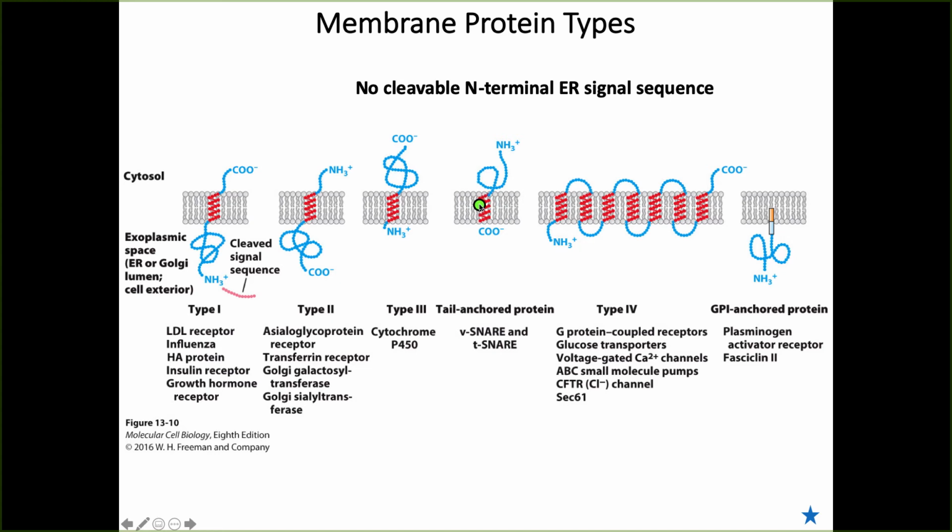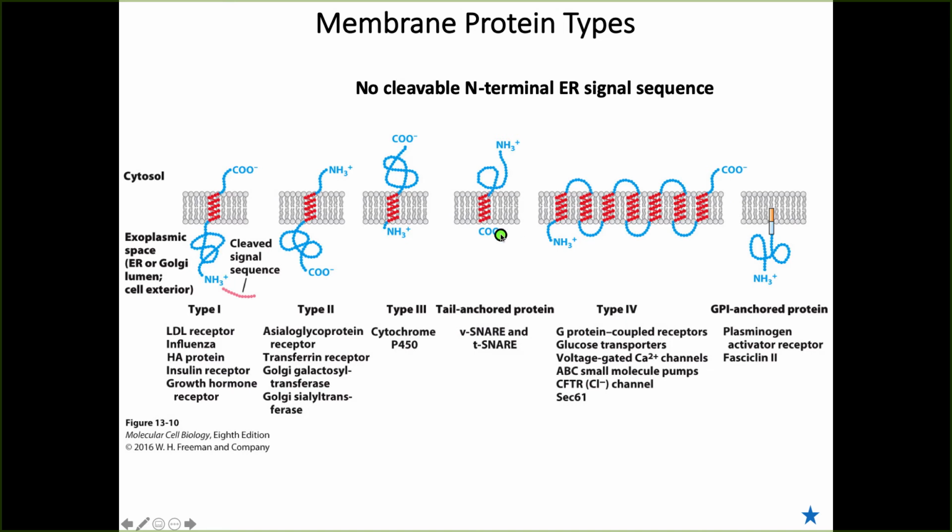In the tail-anchored protein, the C-terminal is embedded completely into the membrane, whereas the N-terminal is towards the cytosol. Then we have type 4, which is a multi-pass protein. These are all single-pass, types 1 through 3 and tail-anchored. Type 4 could be two different types. Type 4A has an even number, and type 4B has an odd number.